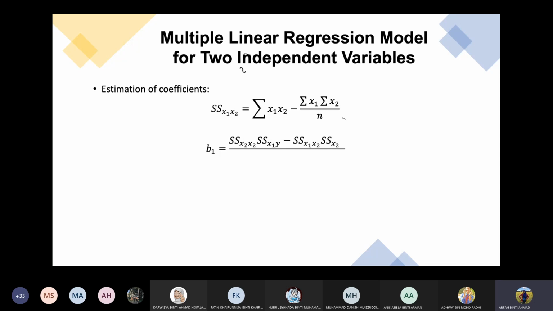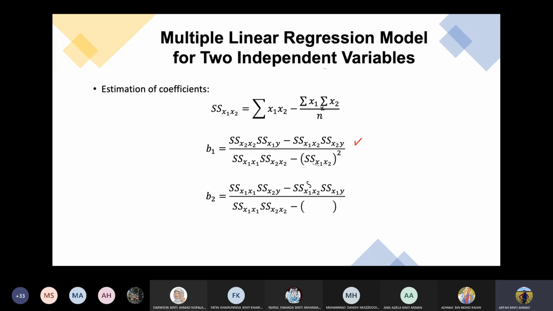So dari sini kita dapat calculation untuk B1. B1 equal to sum squared of X2, sum squared of X1Y, tolak dengan sum of squared X1X2, X2Y. Okay. And bahagi dengan dia punya pembawah. So yang ini pun kita akan tengok how to calculate by using Excel. And then B2 sama dengan given by that one, sum squared of X1 minus sum squared of X2, tolak everything in there, divide by all the perkali bawah.